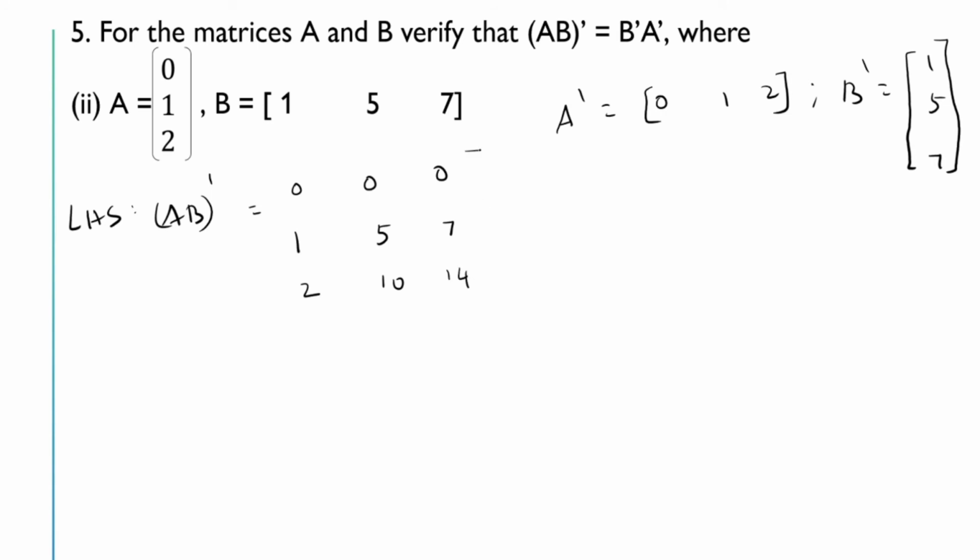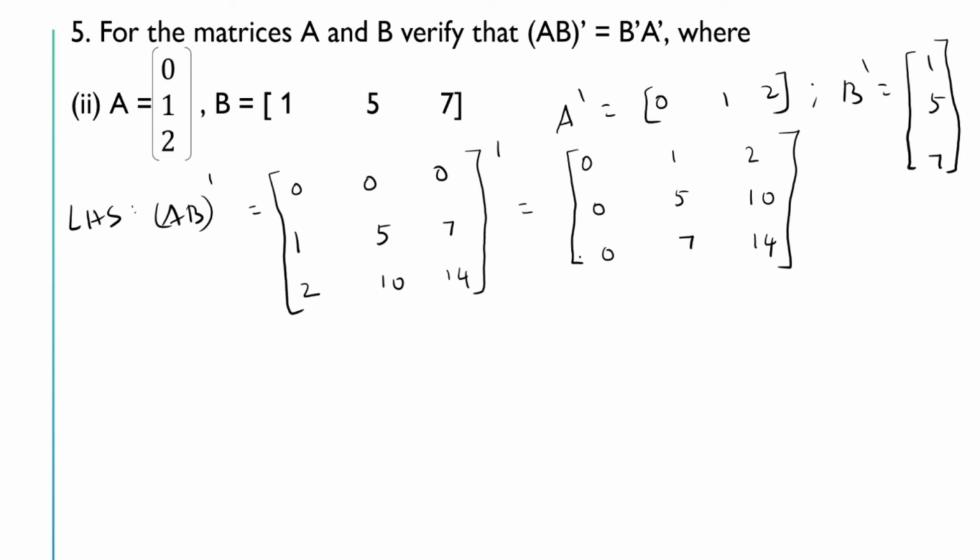This is the product of the matrices A and B and this transpose. So AB the whole transpose is the transpose of this matrix. So the first row becomes the first column, second row becomes the second column, and third row becomes the third column. So this is the matrix AB, the whole transpose.